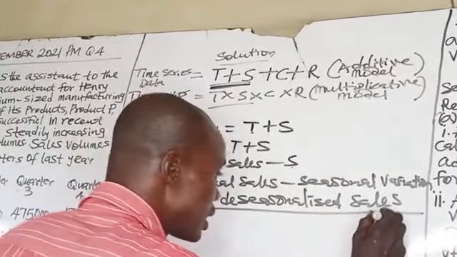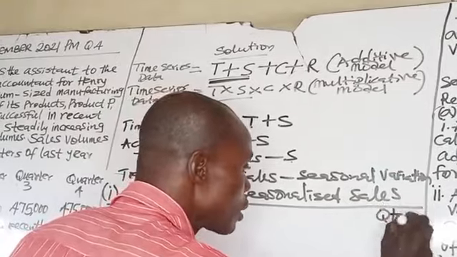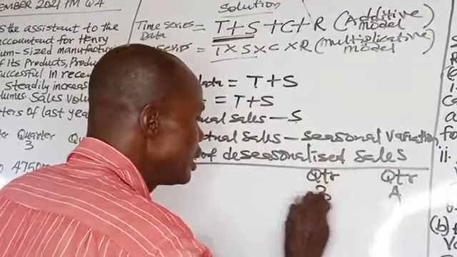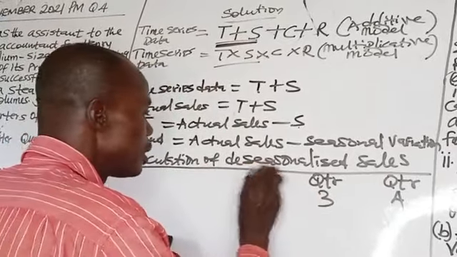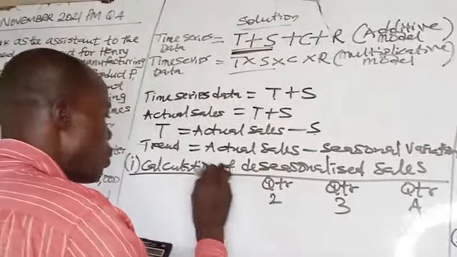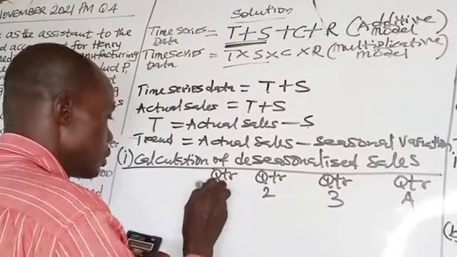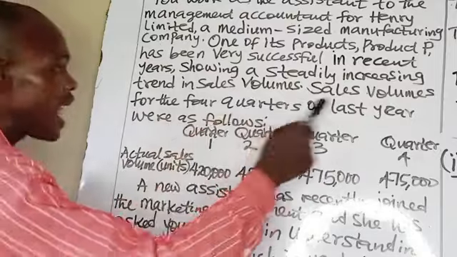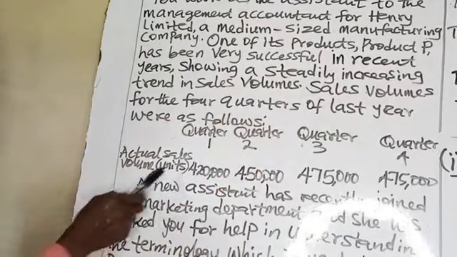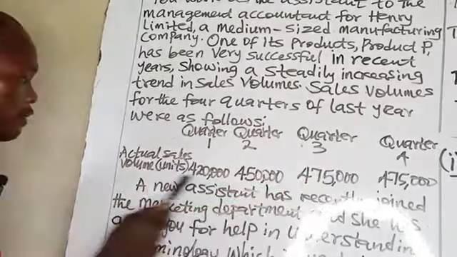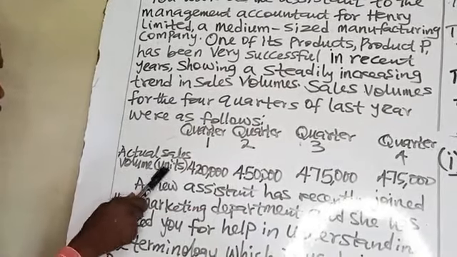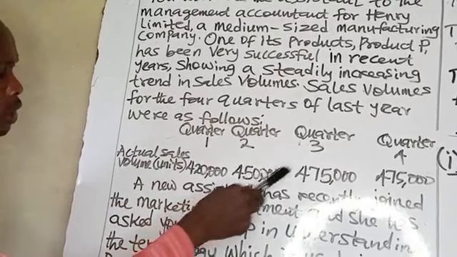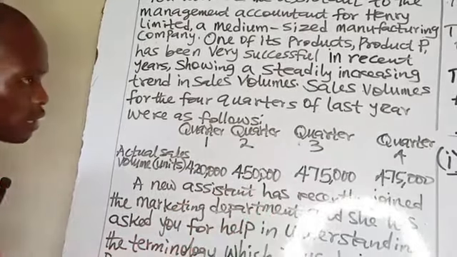You have 4 quarters: quarter 1, quarter 2, quarter 3, quarter 4. Sales volumes for the 4 quarters of last year were as follows. The actual sales volume is 420,000 for quarter 1, 450,000 for quarter 2, and 475,000 each for quarters 3 and 4.